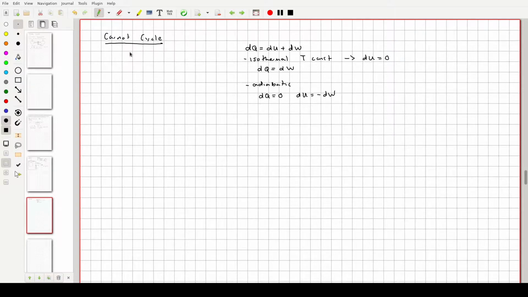So basically, Carnot's cycle for a heat engine consists of 4 steps. The first step is you taking your gas and placing it in contact with the environment such that heat flows in, and it's going to be hot.